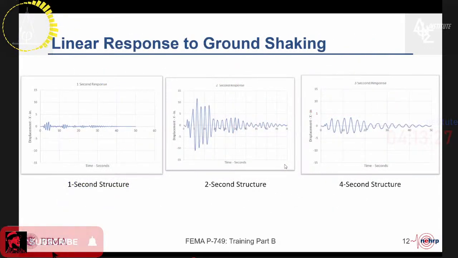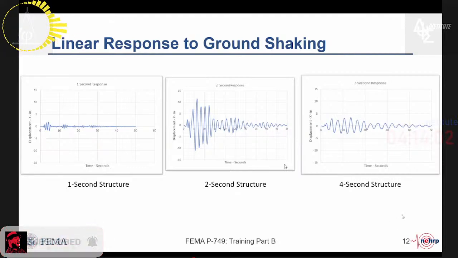I've done that for single degree of freedom structures having different periods: 1 second, 2 second, and 4 second. And I've analyzed the response of those structures to the 1949 El Centro ground motion. What you can see when you look at the response of each of these structures to that ground motion is the structure largely tends to be responding as if it's in simple harmonic motion, meaning it has been deformed and released and shakes back and forth at its fundamental period.